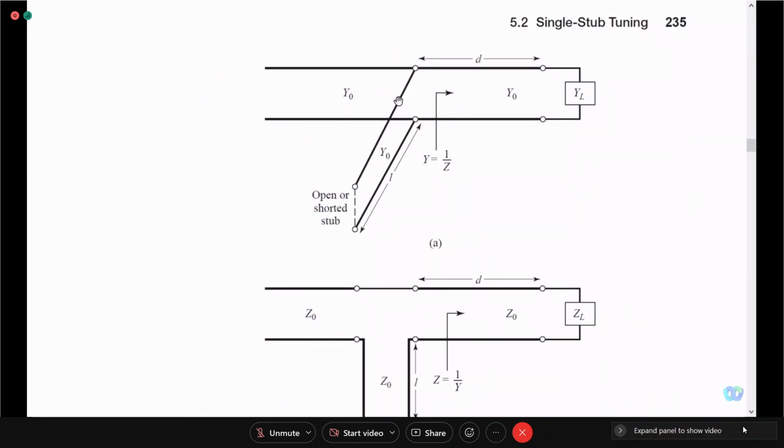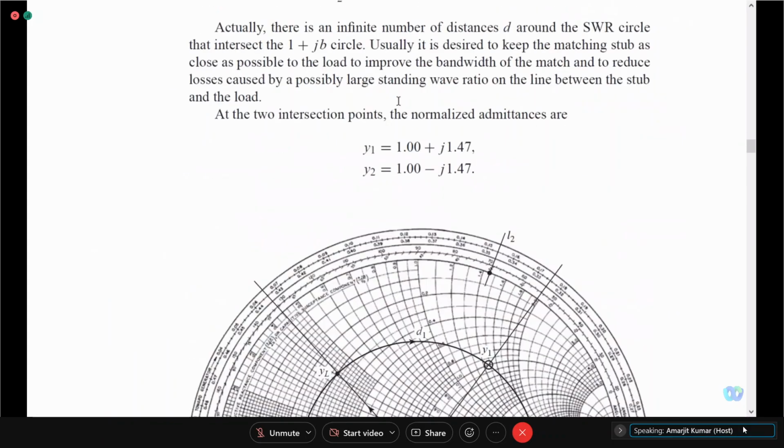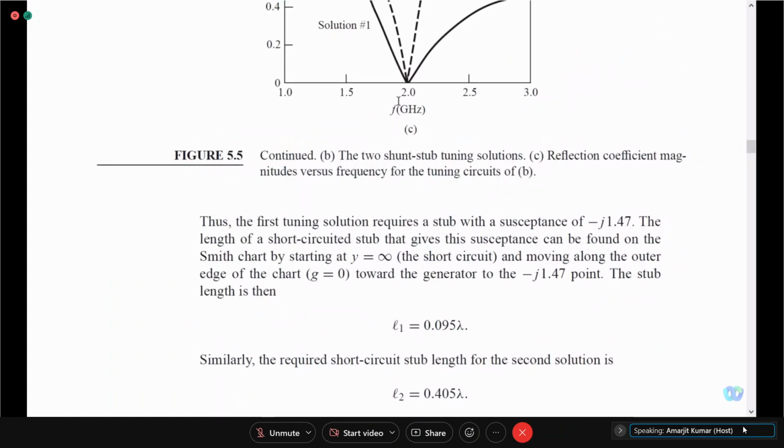So what should be the value of G at distance d from the load? For matching, G should be equal to 1 upon Y naught, and the susceptance of the shunt stub for matching should be equal to minus B. So now those conditions you can apply: G is equal to 1 upon Y naught, and the shunt susceptance should be equal to the negative of B.